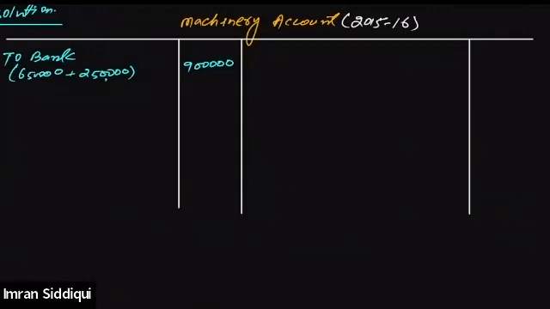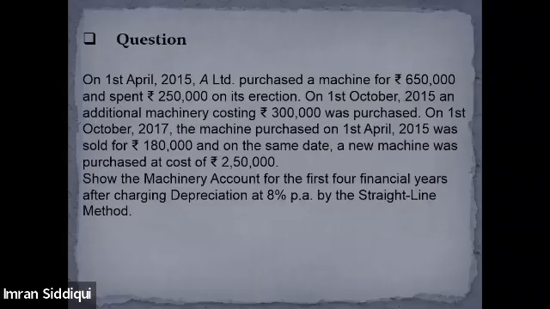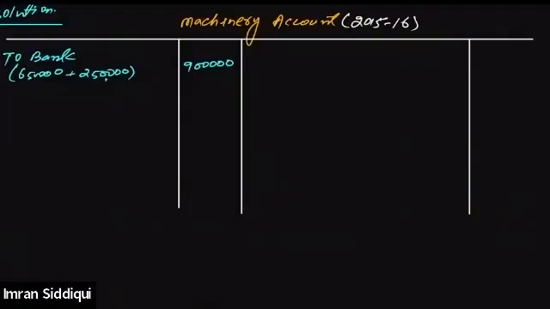So basically, machinery account will be debited by 9 lakh rupees, including the cost of machine along with the cost of erection. Then on 1st of October 2015, that means in the same year, we have bought an additional machinery of rupees 3 lakh. So if we bought a new machinery on 1st of October, that means we need to write that on the debit side as well, right?